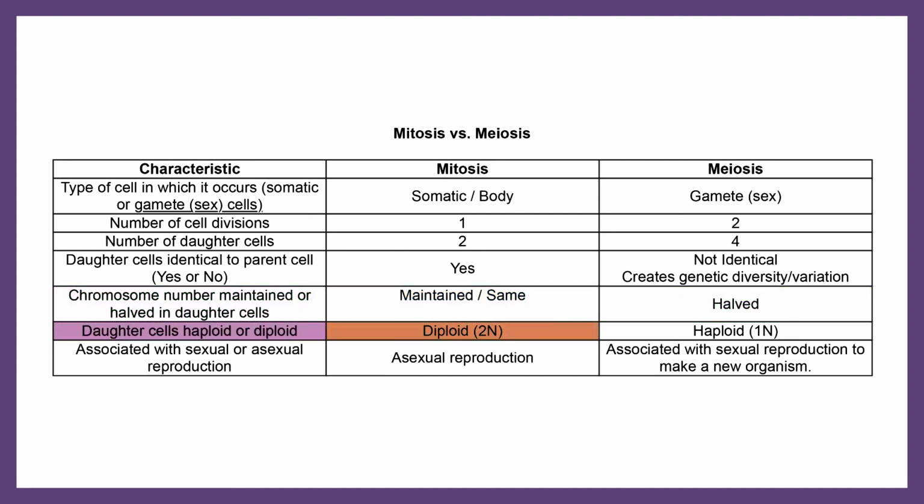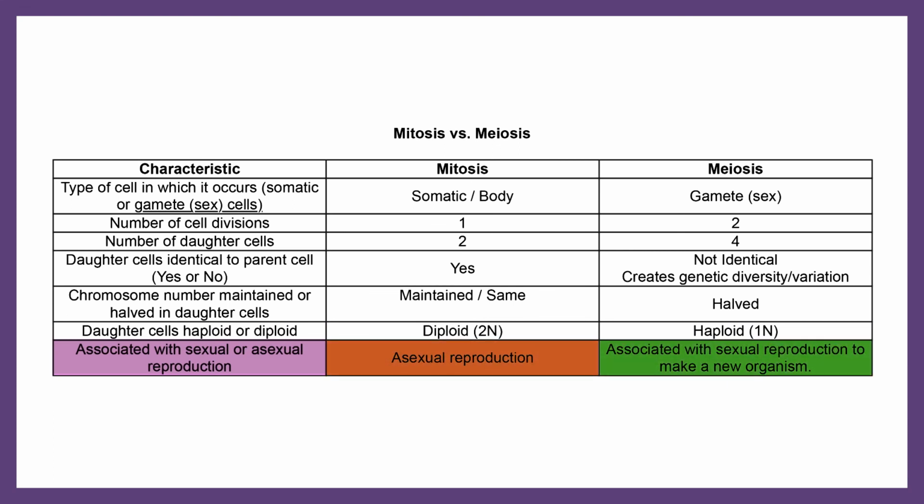Mitosis creates diploid cells, which is 2N. Meiosis creates haploid cells, which are 1N. Mitosis is associated with asexual reproduction. Meiosis is associated with sexual reproduction to make new organisms.